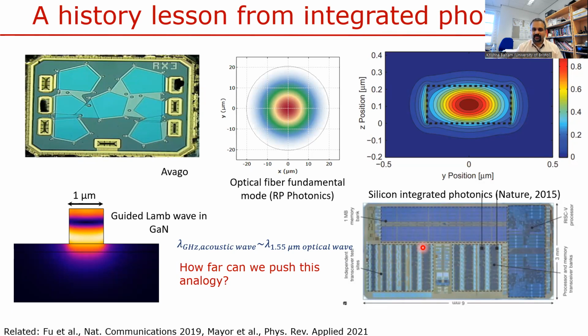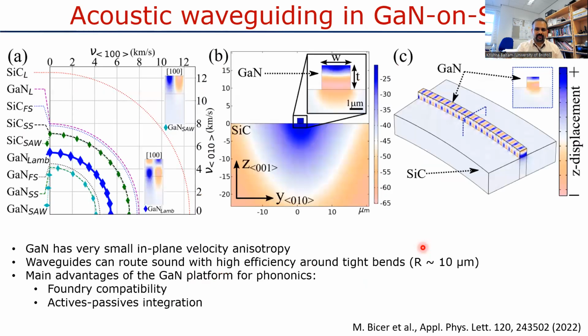The idea of guiding sound in acoustic waveguides is not really new. On the other hand, there have been some very new developments, and the question is, what material platform do you pick, and how do you go about this? For us, the material platform of choice is mainly gallium nitride on silicon carbide, and there are a few reasons why gallium nitride presents an interesting platform for these kinds of activities. The natural index contrast, or the velocity contrast, between the GaN device layer and the silicon carbide substrate makes it very good for waveguiding.